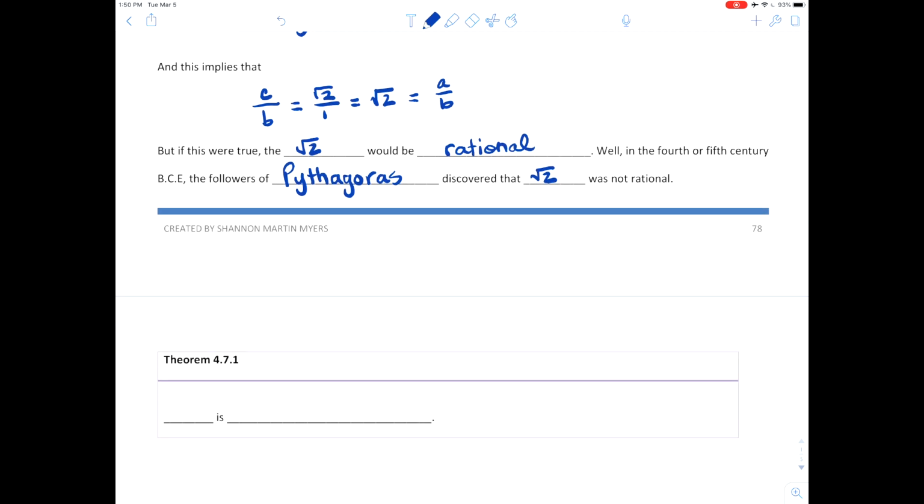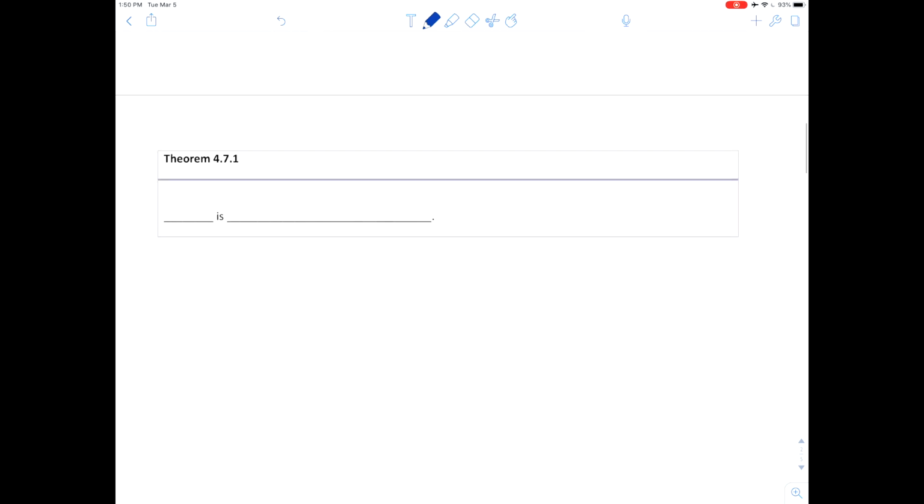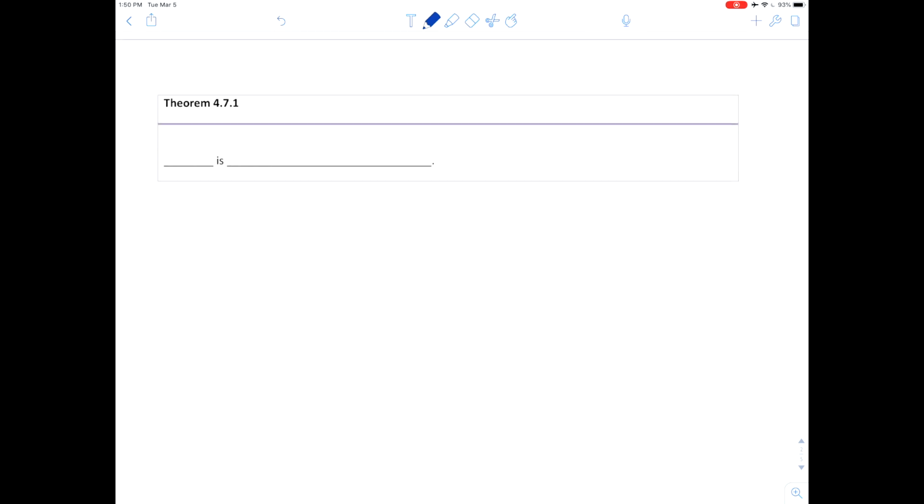All right, so let's take a look at Theorem 4.7.1, which is that the square root of 2 is irrational. Okay, so we're going to prove this by contradiction.